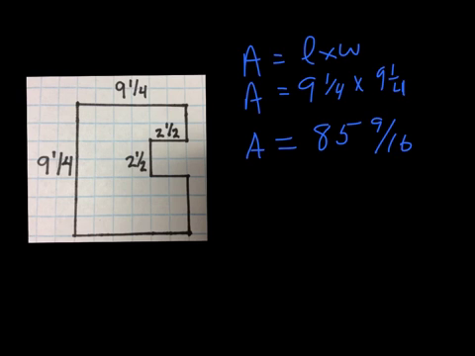Okay, first thing that we did is we did our area formula where we have length times width, which is 9.25 times 9.25, which is going to give you the area of this entire square, which is 85 and 9/16 square units.